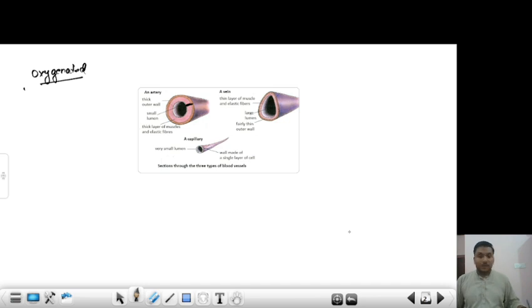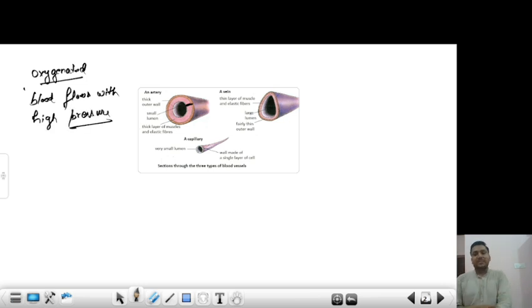It is very thick, and the reason behind its thickness is that blood flows with high pressure, as it carries blood directly from the heart to different organs of the body.